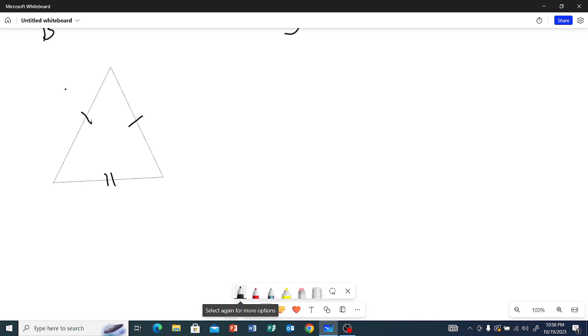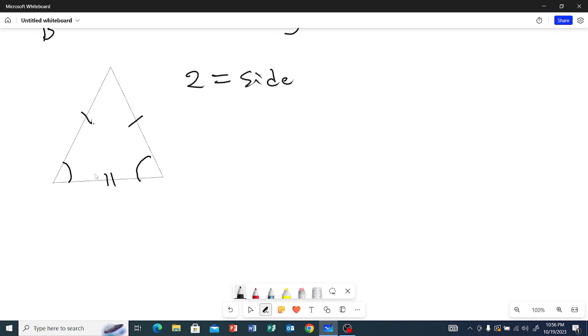Now, again about an isosceles triangle, the base angles are the same. So this angle is equal to that angle. So what do we have here? How many sides are equal? 1, 2. So an isosceles triangle, we see it by two equal sides.